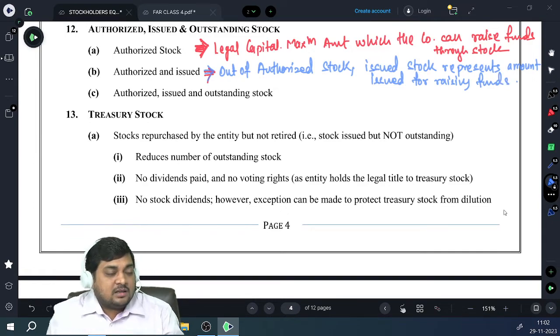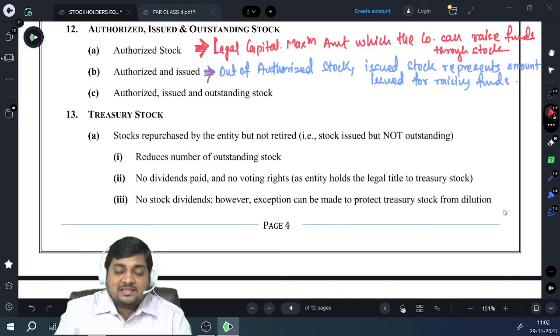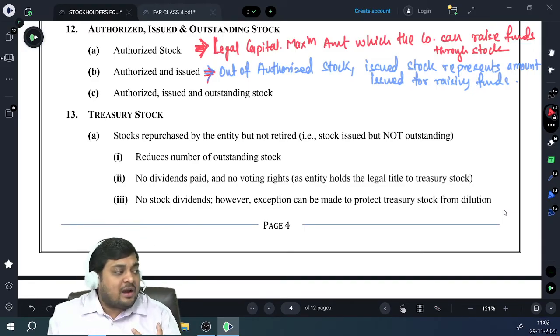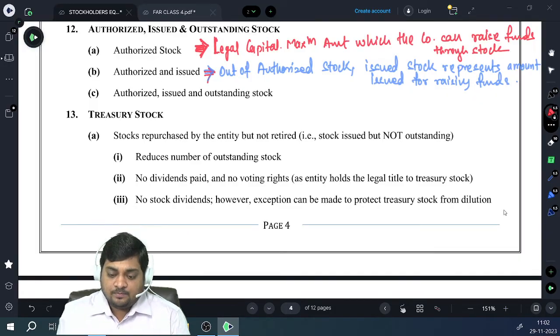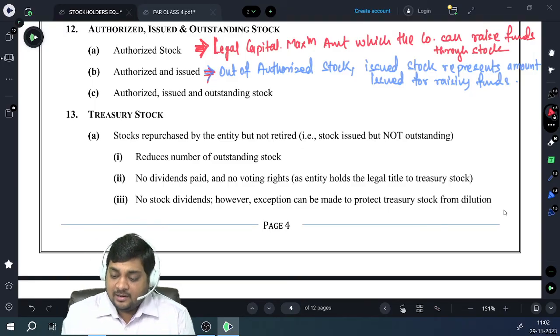Means the number of shares you have issued for raising funds, right? Suppose my legal capital is say 1 crore. So it is not necessary that I issue the entire 1 crore stock at the beginning. I might go for 40 lakhs initially and balance 60 lakh I might go later on, right? Now if I get exhausted with the authorized capital, I can increase it by requesting the registering authority, right?